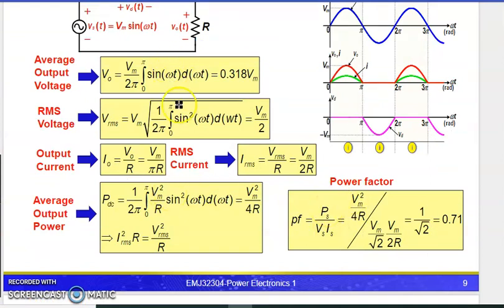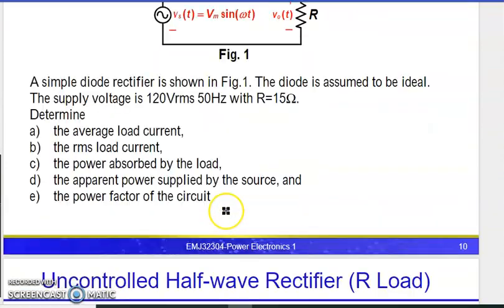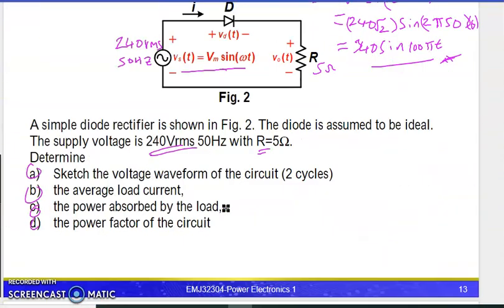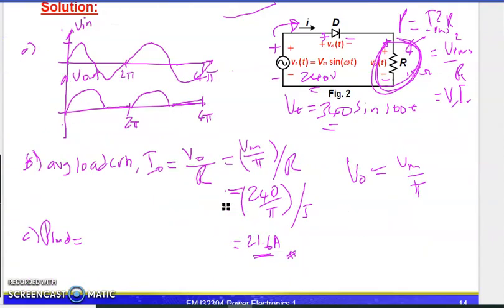half wave rectifier, average output power, which is Vm squared over 4R. So we have here Vmax squared over 4R.